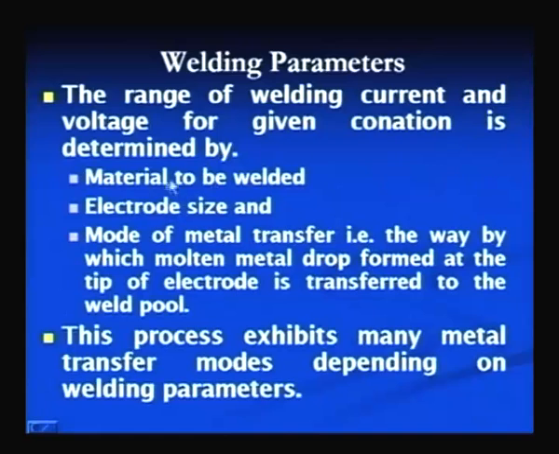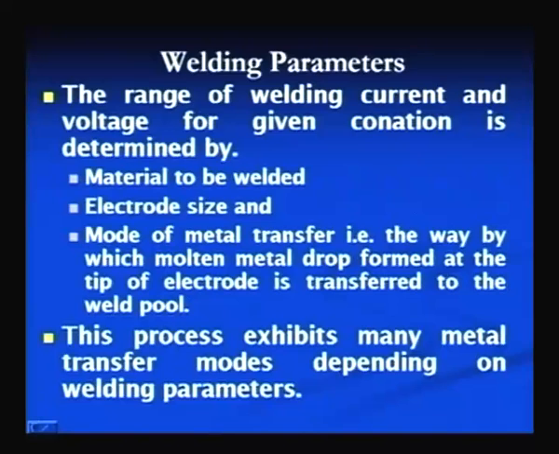Here the material to be welded is important for selection of the welding current and the voltage. Material to be welded means how much heat it needs for proper fusion and obtaining the proper penetration, and in addition to the material's melting point, the thickness or the dimensions of the plate to be welded also play a significant role in selection of the welding current.